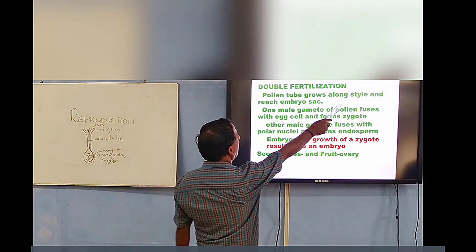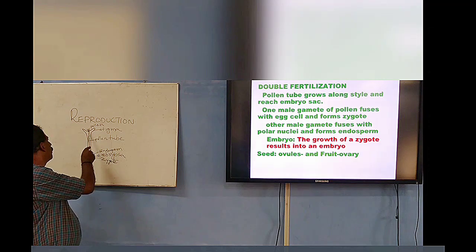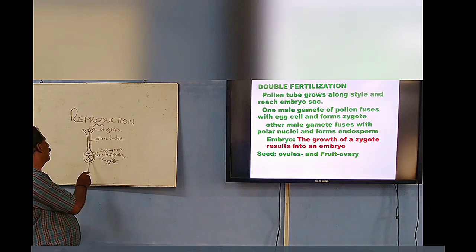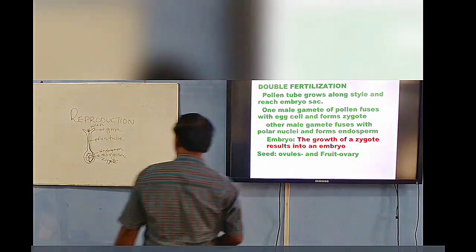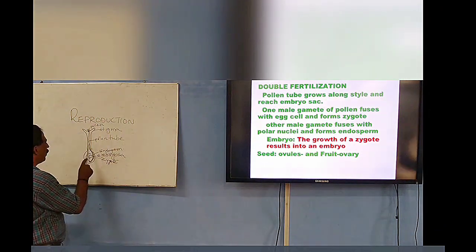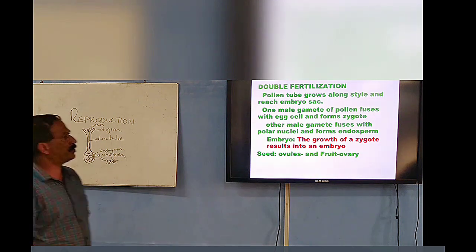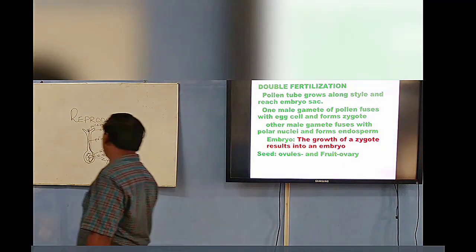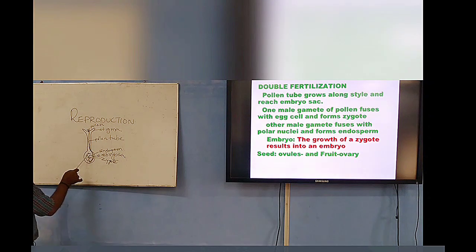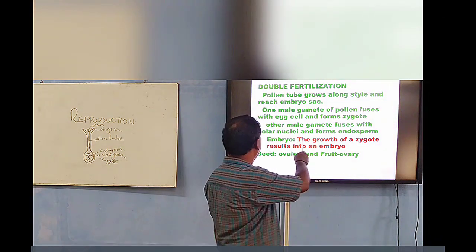See, the pollen tube grows along the style and reaches the embryo sac. One male gamete of the pollen fuses with the egg cell and forms the zygote. The other male gamete fuses with the polar nuclei and forms the endosperm.